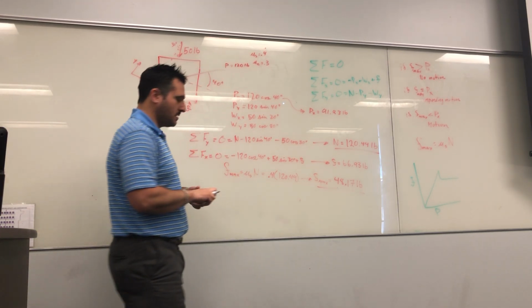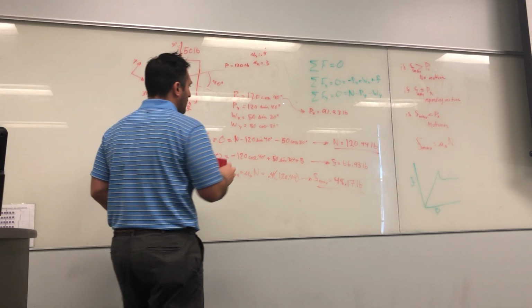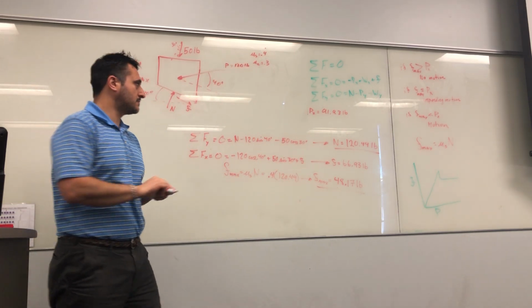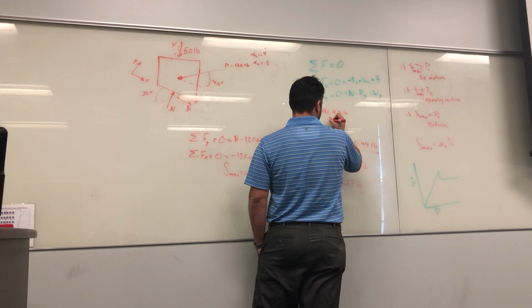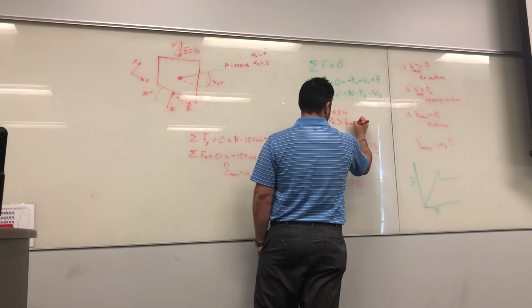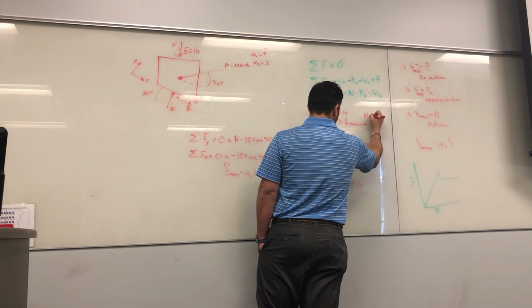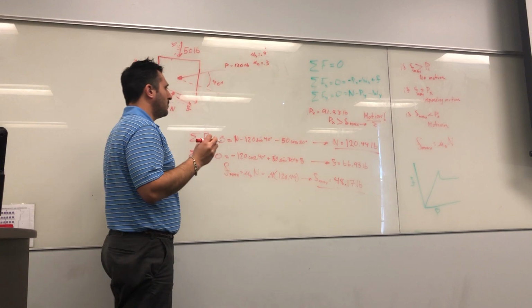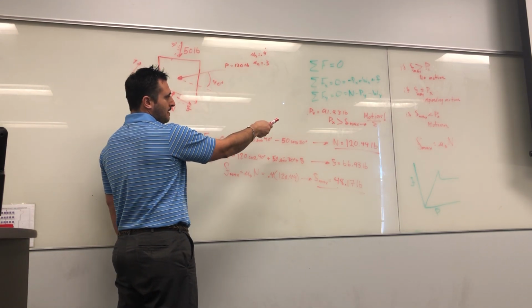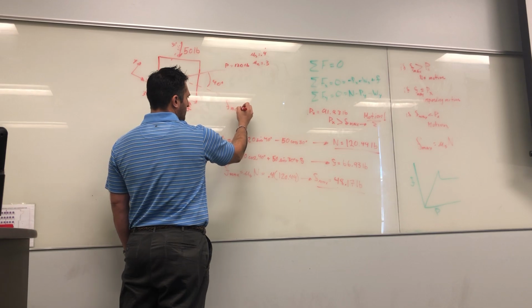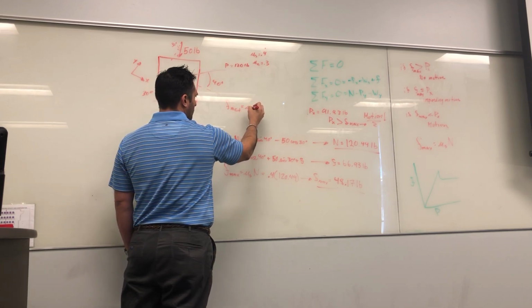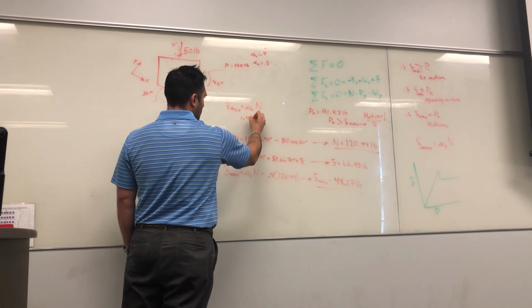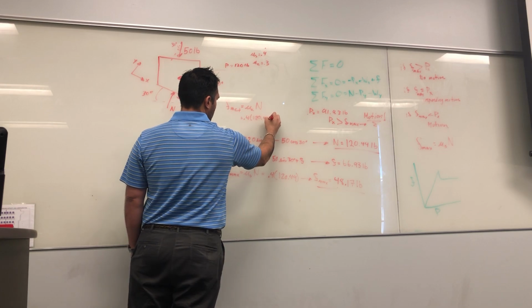Let's do that. Clear some room. Motion, yeah. It's not static anymore. So my actual friction, since I know I'm moving, is mu sub k times N, which is 0.4 times 120.44.